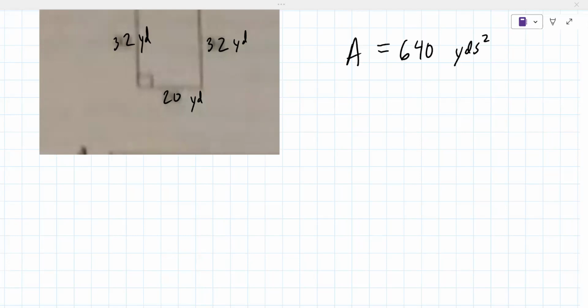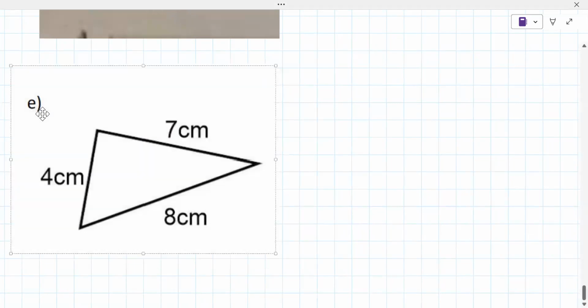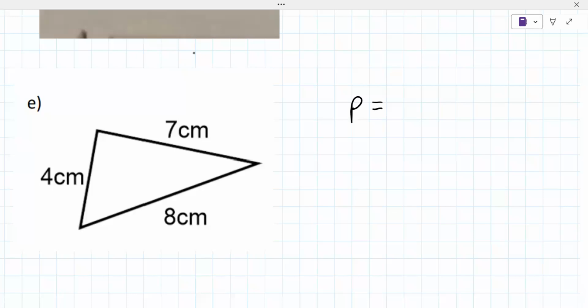So let me give you another one to look at. Triangle. So what is the perimeter? 7 plus 8 plus 4.